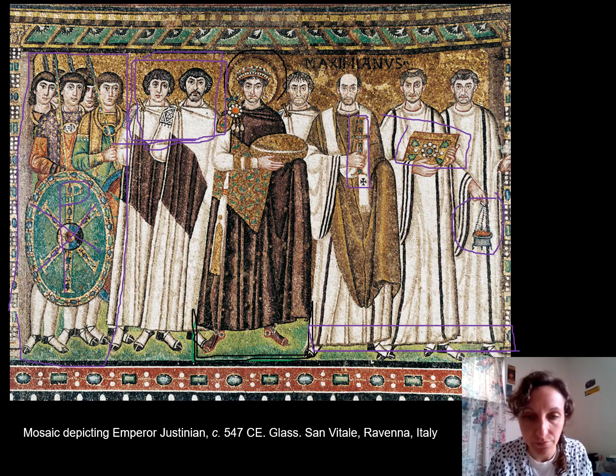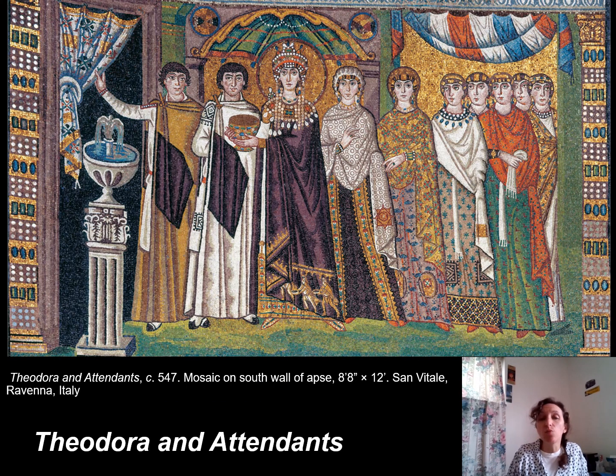So, all right, this is his wife, Theodora. She was just as important as Justinian. And there's this old saying that behind every powerful man is an equally powerful woman, or behind every great man is a great woman. I think that statement probably originated in the Byzantine Empire with Justinian and Theodora.